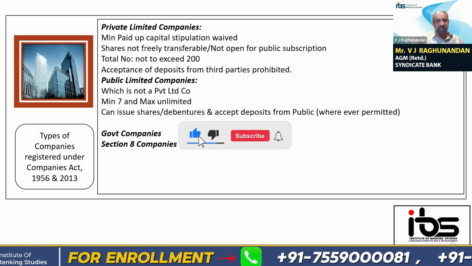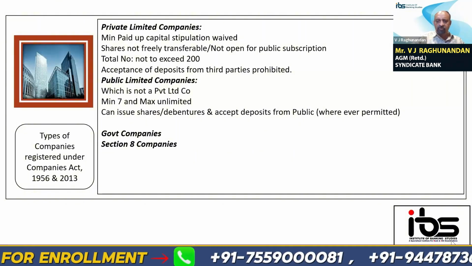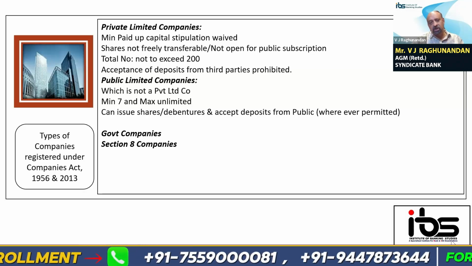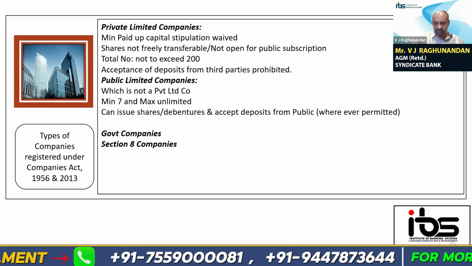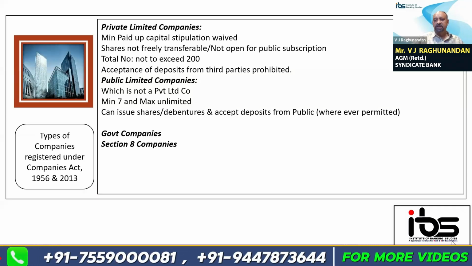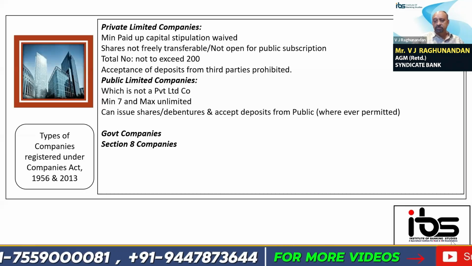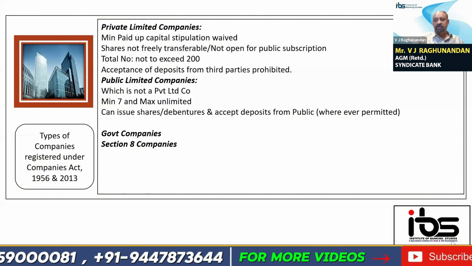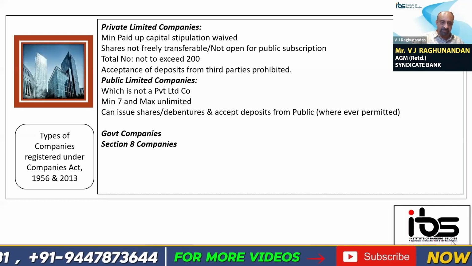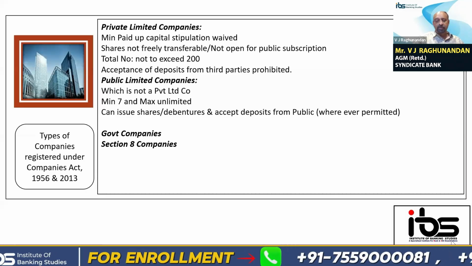So Section 8 companies of course make profits, but they use the profits not to distribute to the shareholders, but to further the objectives of the company. For example, BCCI is a Section 8 company, as are Infosys Foundation, Azim Premji Foundation, CRY, Child Relief and You, Smile Foundation, and Akshaya Patra Foundation. They may make profits, no doubt, but the profit is used only for the objective for which they have been established.